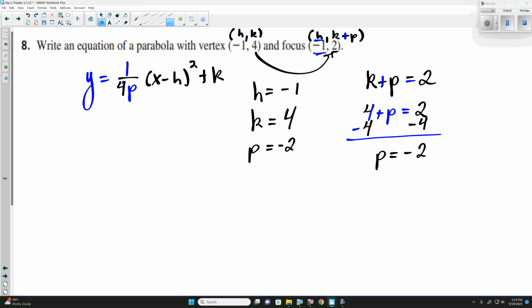And again, the biggest thing with any of this here is matching it up to the general forms and finding our pieces of information, our h, k, and p, because once we find these, we can plug them back in, telling us y is equal to 1 over 4 times p, which is -2, parentheses x minus h, in our case is -1, plus our k value of 4.